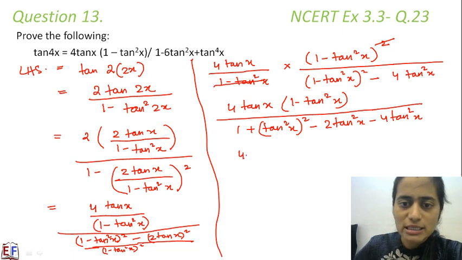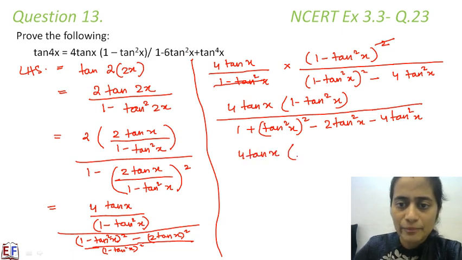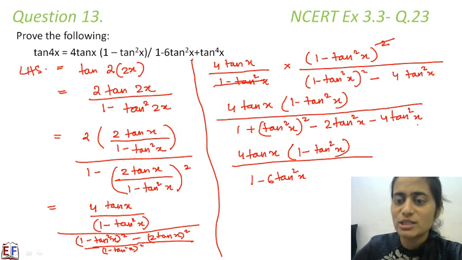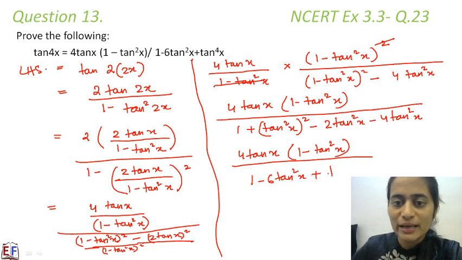Okay? So this becomes 4 tan x into 1 minus tan square x divided by 1 minus 6 tan square x minus 2 tan square x minus 4 tan square x plus tan to the power 4x. What is this? This is our right hand side.